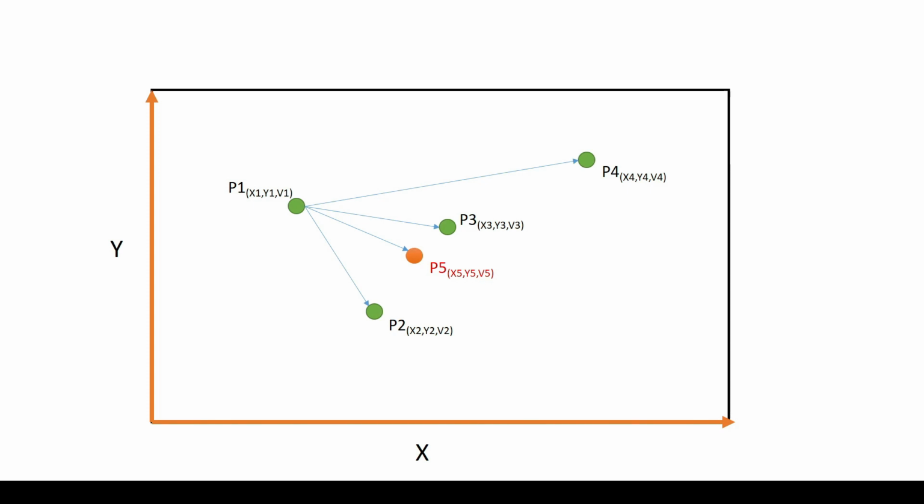Of course the weights are going to depend on some factors like the distance, for example, and sometimes the distance doesn't really reflect the weights. For example, if we have continuity in this direction and not in this direction, the weight of P1 could be higher than P3, even though P3 is closer to P5.